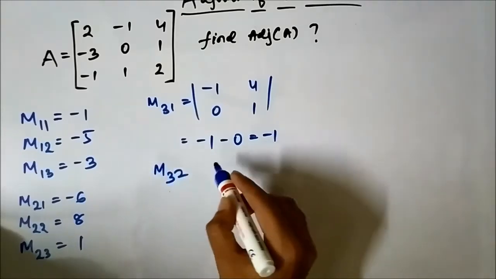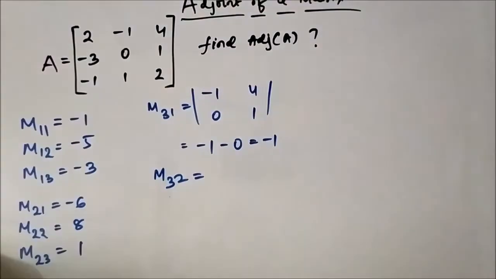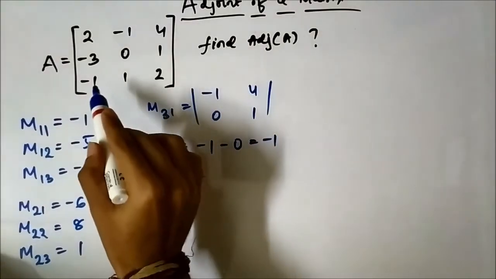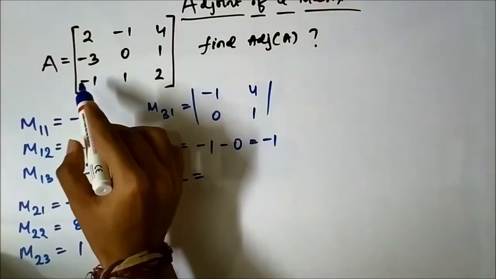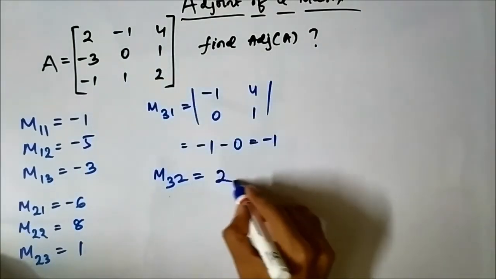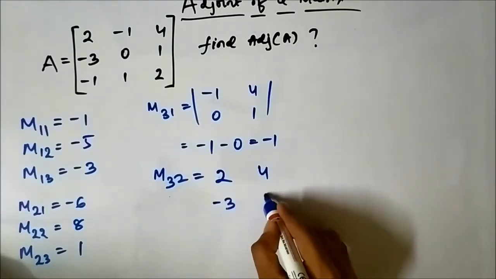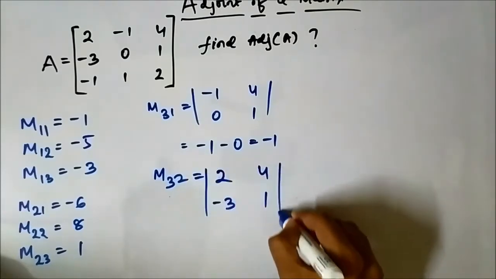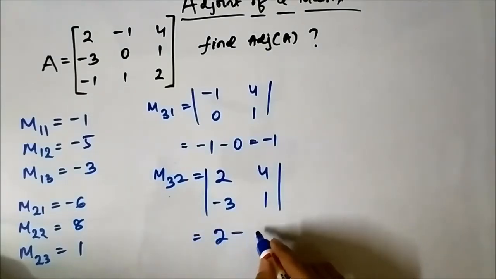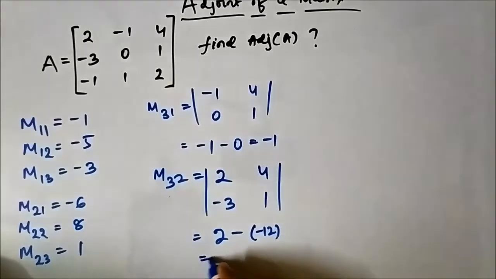M32: the minor of the element A32 is obtained by removing the third row and the second column, so the determinant becomes 2, 4, minus 3, 1, which is equal to 2 minus 12, which is equal to minus 10.